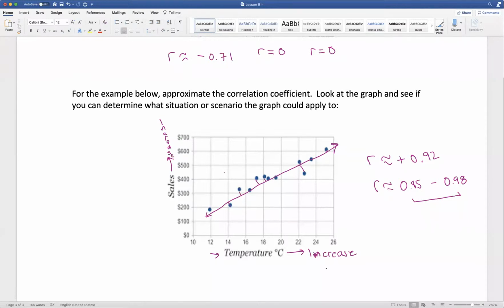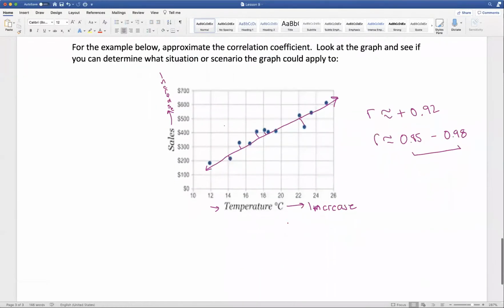My first thought when I looked at this graph was ice cream. As it gets warmer outside, we know that sales of ice cream go up. Another example could be bathing suits. As it gets warmer outside, bathing suit sales go up. Another example could be water ice or ices. As the temperature increases, more people tend towards buying cold things.